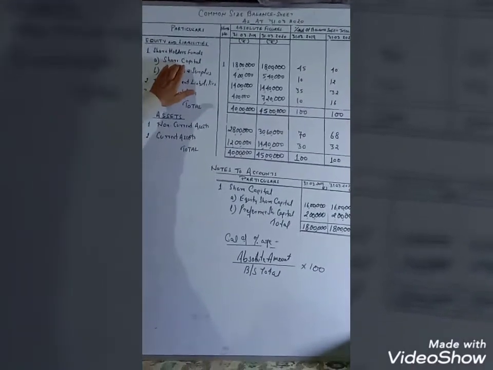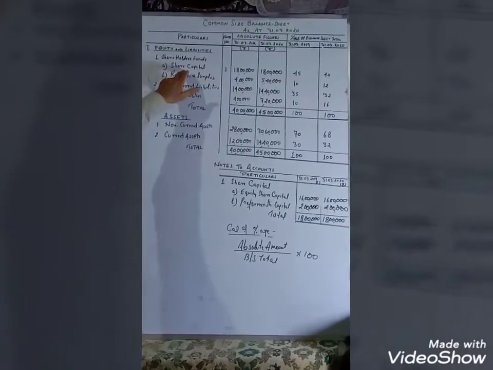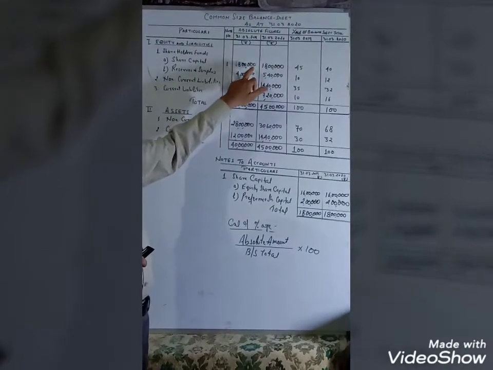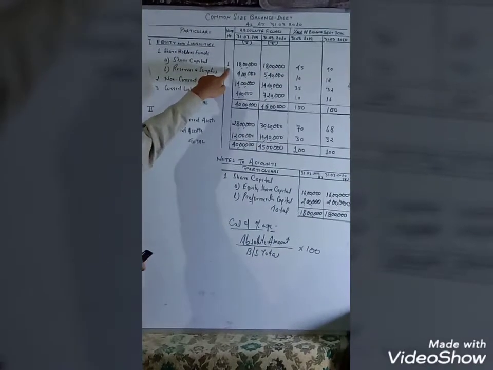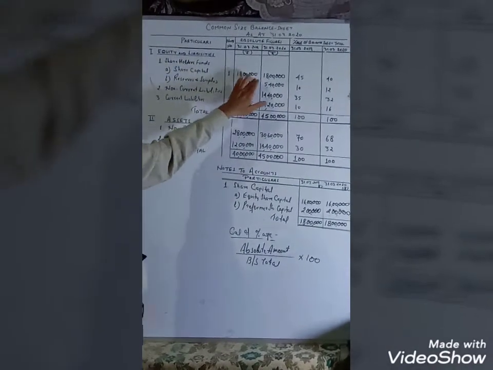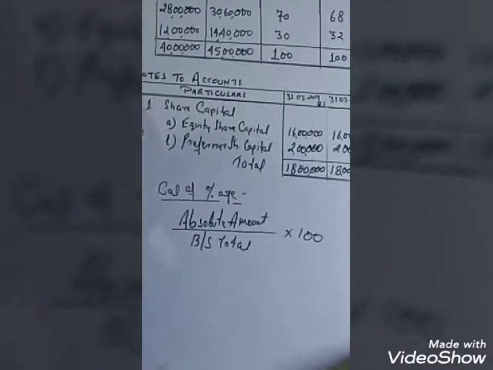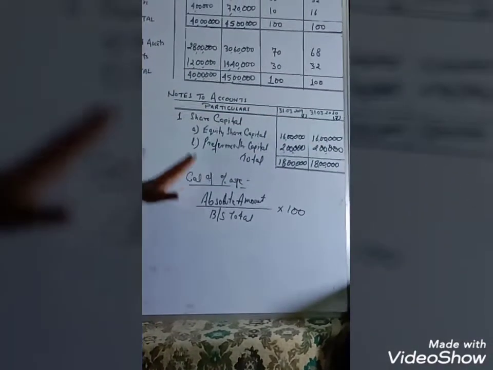In the first major head, shareholders funds, the subhead is share capital. Here the figures are given for the year 2019, 18 lakh and 18 lakh for the year 2020, under note number 1. To arrive at this figure, we have to go through notes to accounts. We had prepared notes to accounts, particulars 2019-2020.